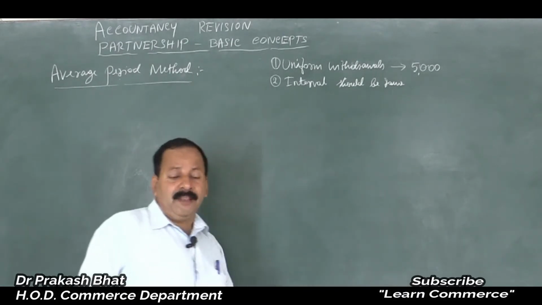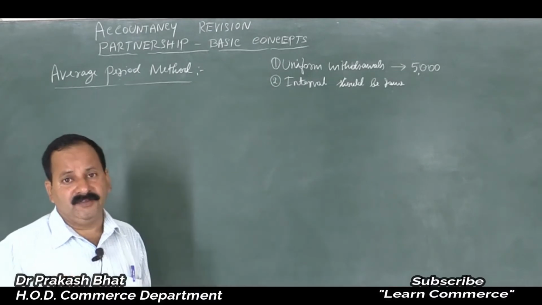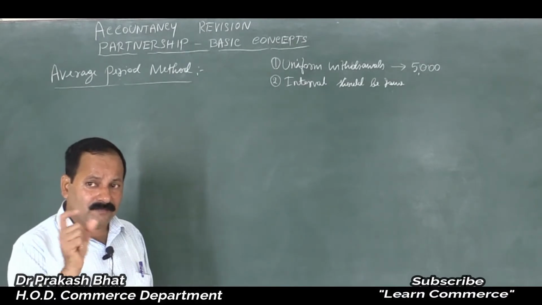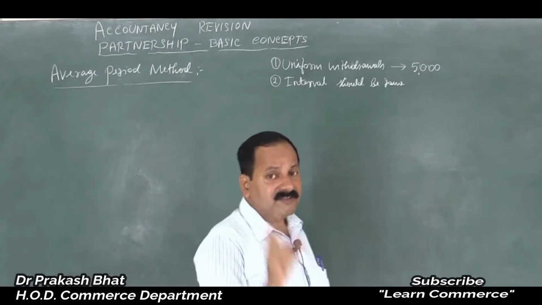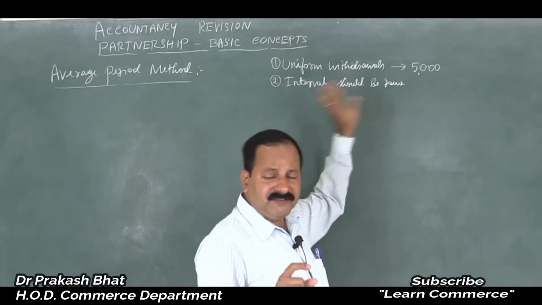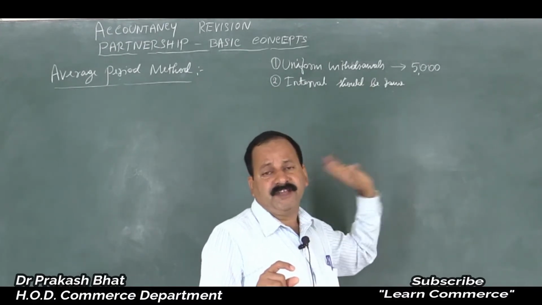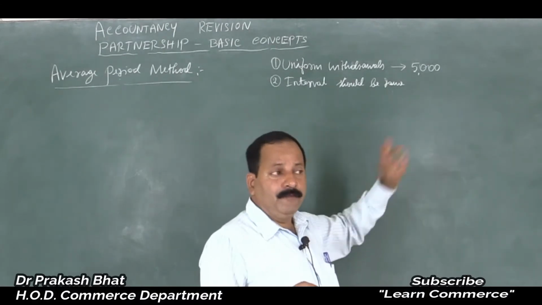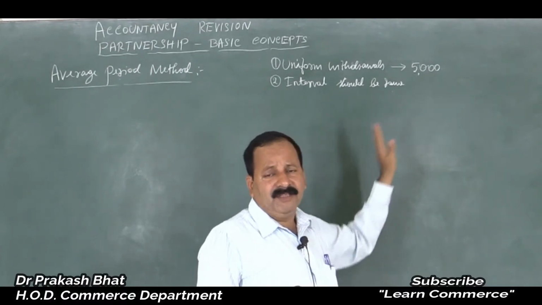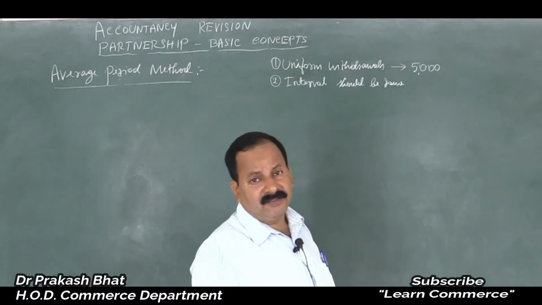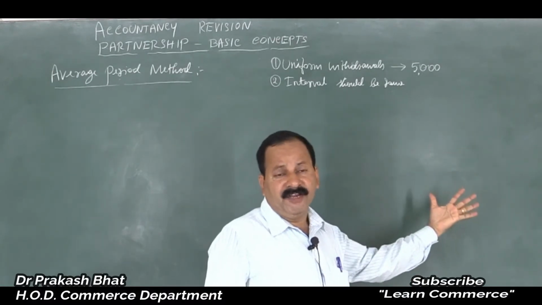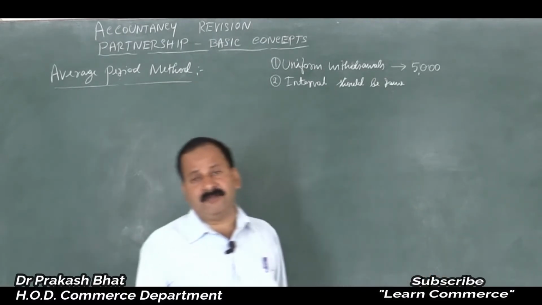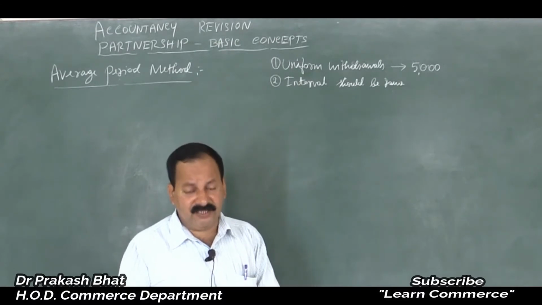The time gap between all the withdrawals should be same, that is 1 month. Every month there must be withdrawal on first day, or in the middle of each month, on 15th or 16th. Or end of the month, that is January 31st, February 28 or 29, March 31st, April 30, like that. On the last day of the month there must be withdrawal. So the time gap between each withdrawal should be same.